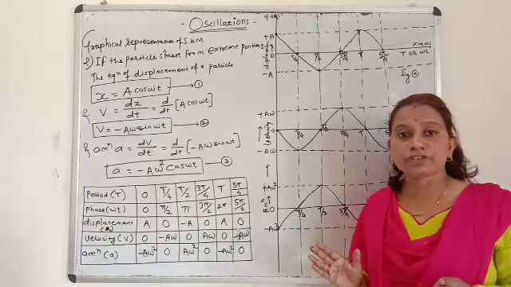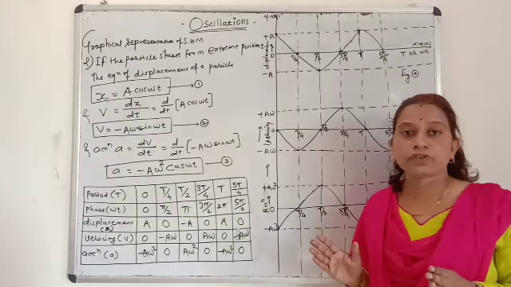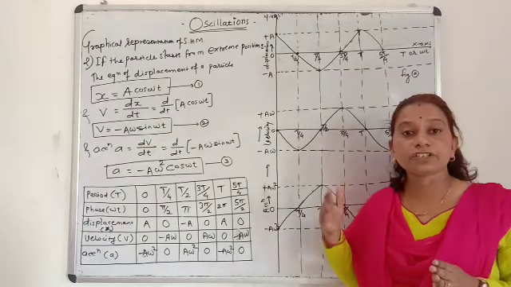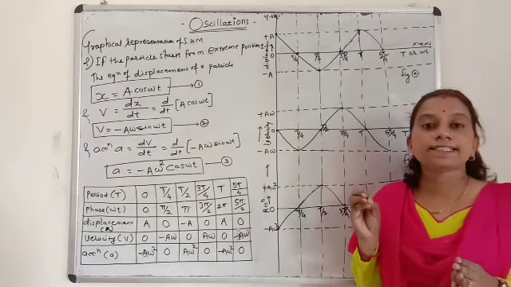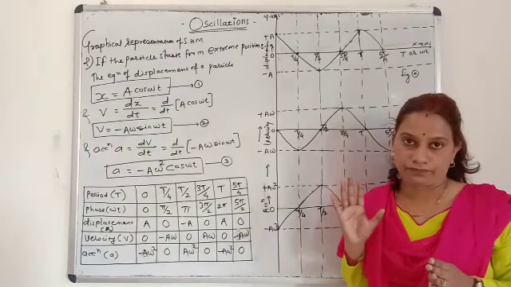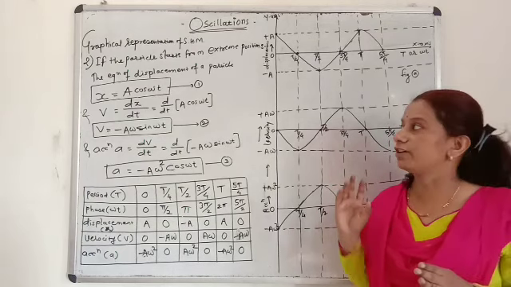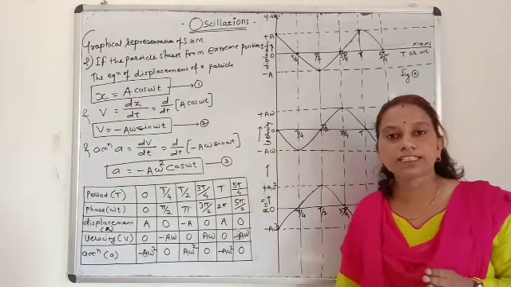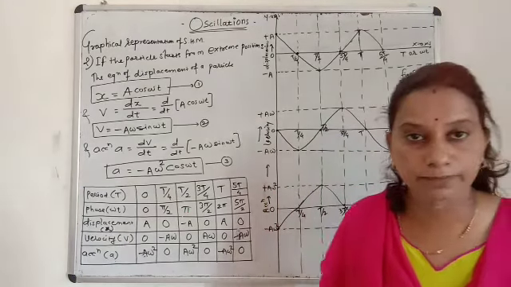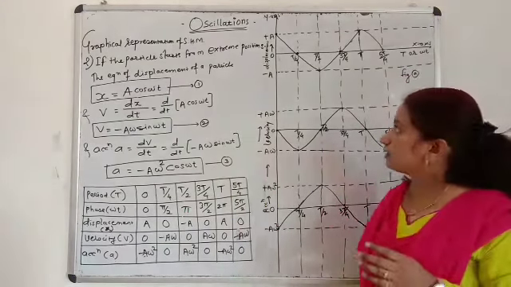What is a periodic function of time? Periodic function of time means these functions repeat after the same interval of time. So these three functions, that is displacement, velocity and acceleration, are periodic functions of time. This is the first conclusion.